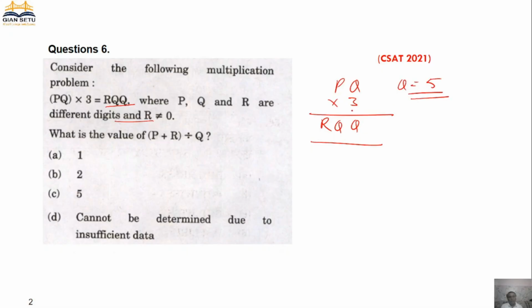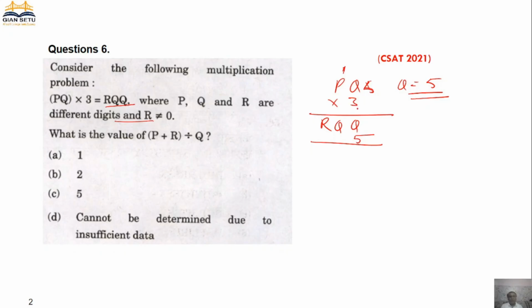Right, when we multiply Q or 5 by 3, we get 5 in the final product also here. So let's write here 5. Now when we multiply 5 by 3, we get 5 here, and again we get a carry.